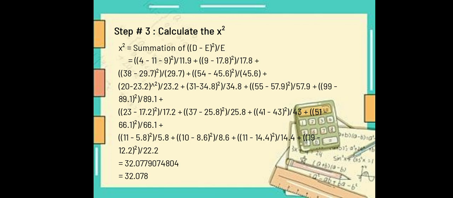I'm very sorry for the wrong letter. So it is the summation of O minus E squared all over E, where O is the observed value and E is the expected value.